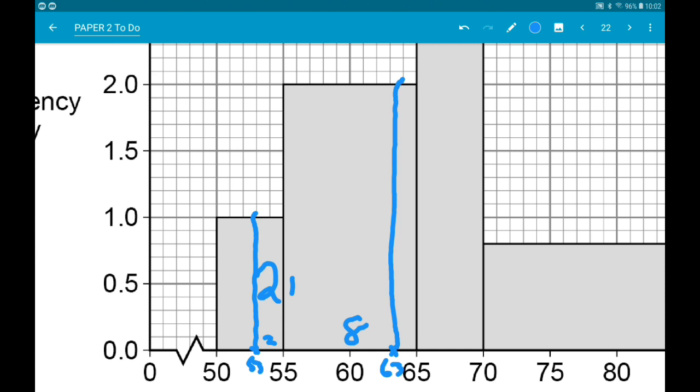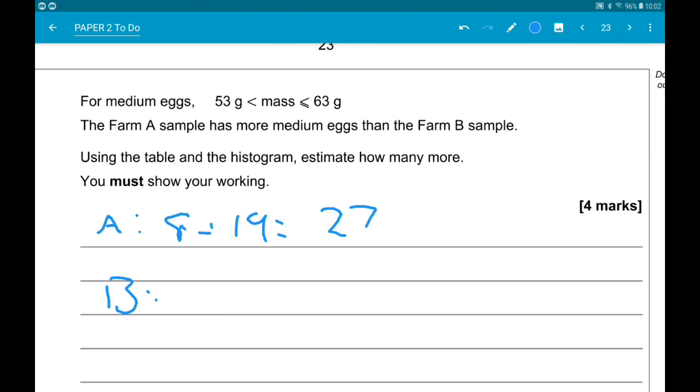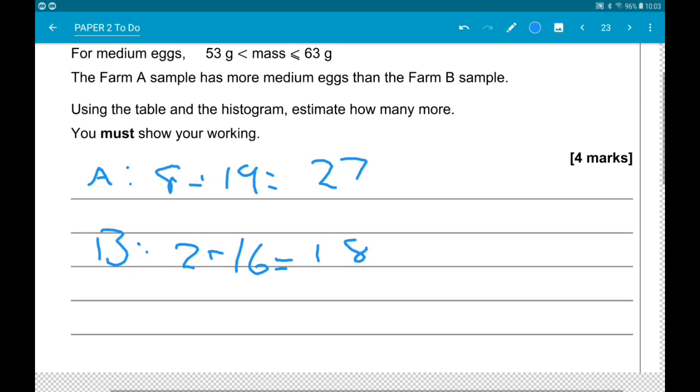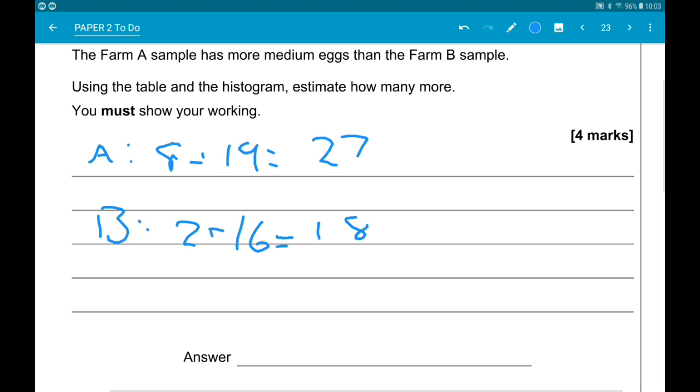So the frequency in there is 16. So for farm B we have 2 plus 16, which is 18. So we want an estimate for how many more there were in farm A. So 27 take 18 gives us 9.